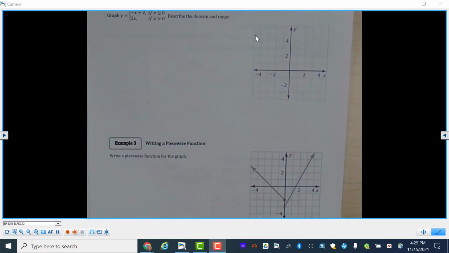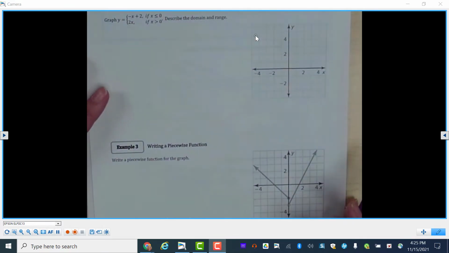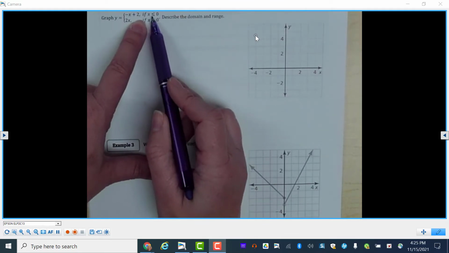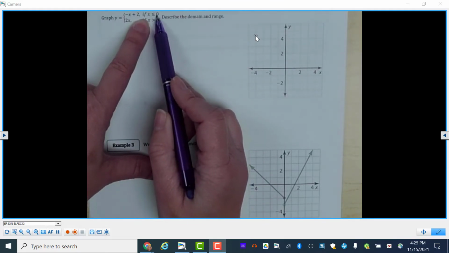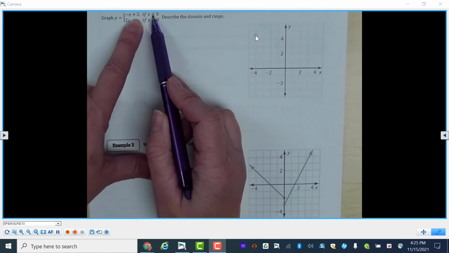And then let's describe the domain and range. So if we have the same graph here, so if we have -x plus 2, well, how would I graph that? Well, first of all, my x is less than or equal to 0. So if it's less than or equal to 0, that means it's a closed circle on my y-intercept.